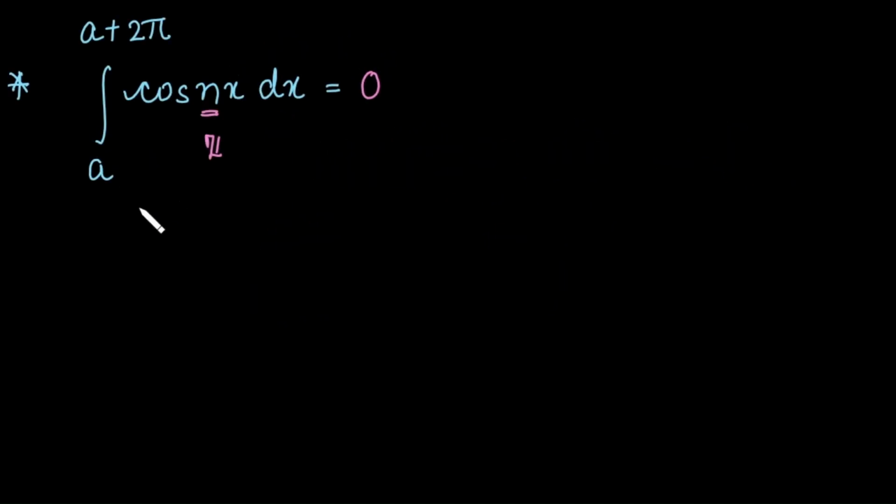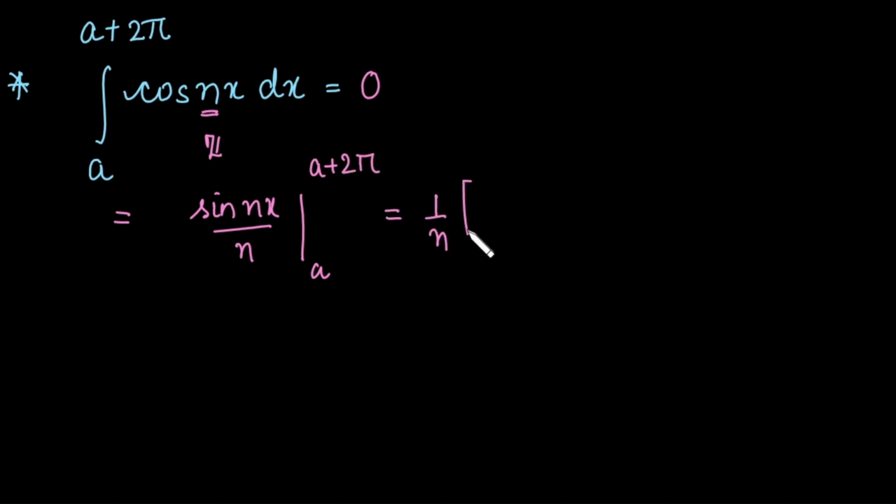So if you want to evaluate it, what we can write, the integration of cos nx is sin nx upon n. Lower limit is a, upper limit is a plus 2 pi. So we can take 1 by n outside, substitute the upper limit.